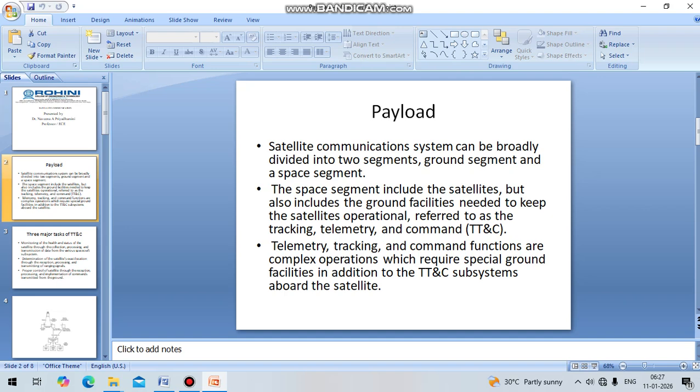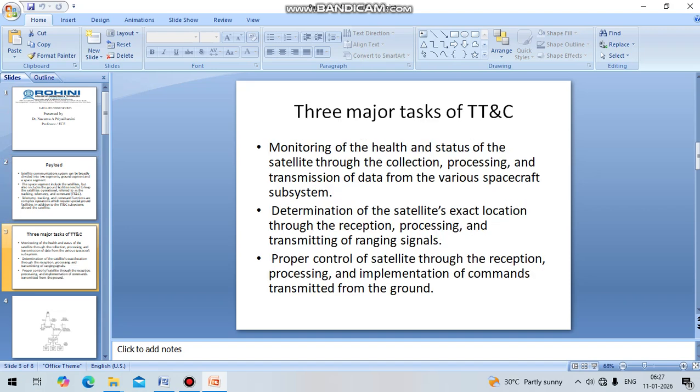Here we shall discuss these things in detail. The three major tasks performed by the TTC are monitoring of health and status of the satellite. The data information is collected from the signals received from the satellite. The satellite periodically updates the condition of the satellite to the earth station, and that will be processed.